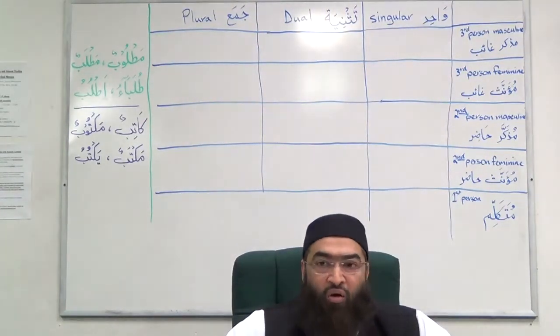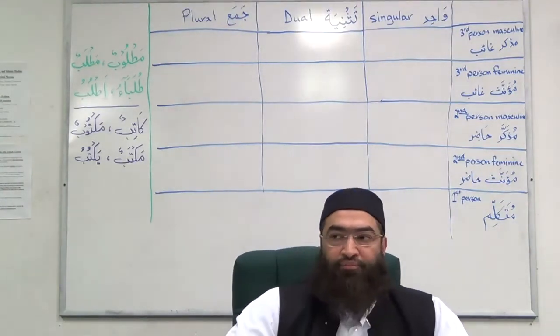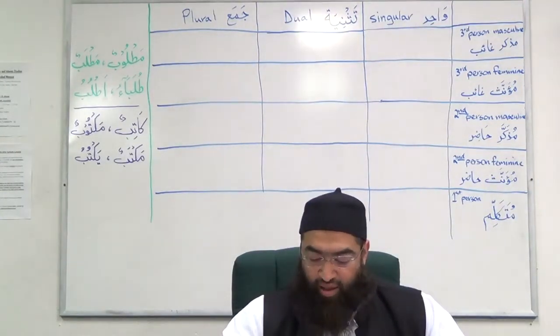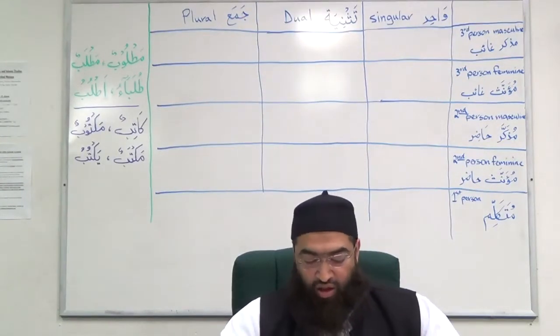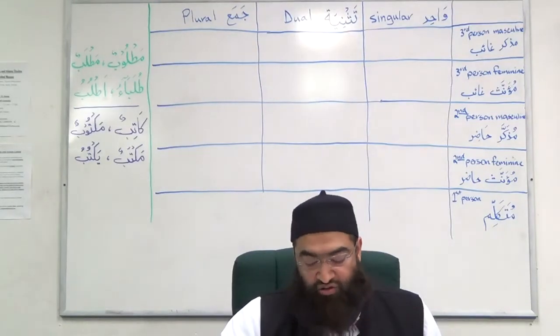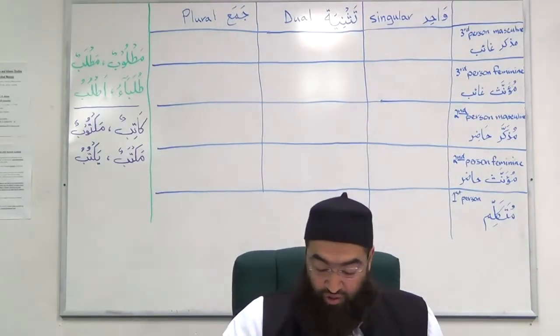And if you put a waw, fa'alu, it becomes jama' or plural. And then so on and so forth. Unlike English, Arabic also has a dual form in addition to the singular and plural forms. So we mentioned that last week also.